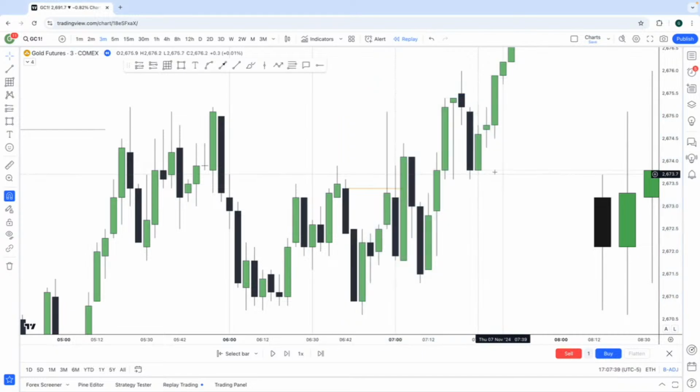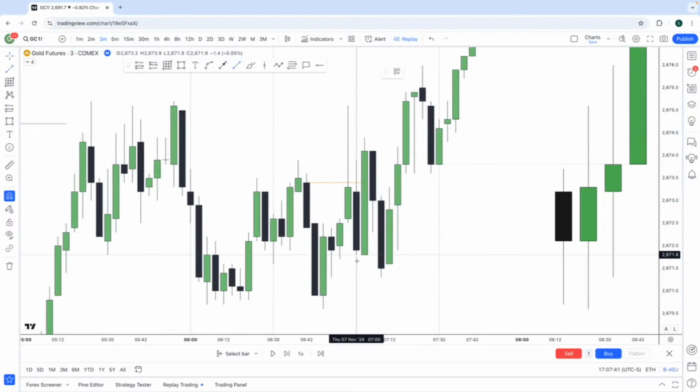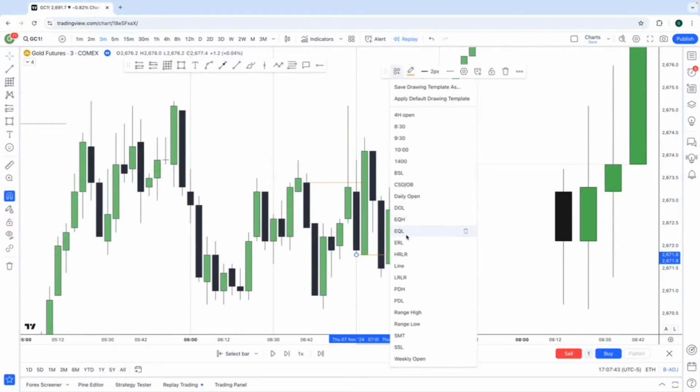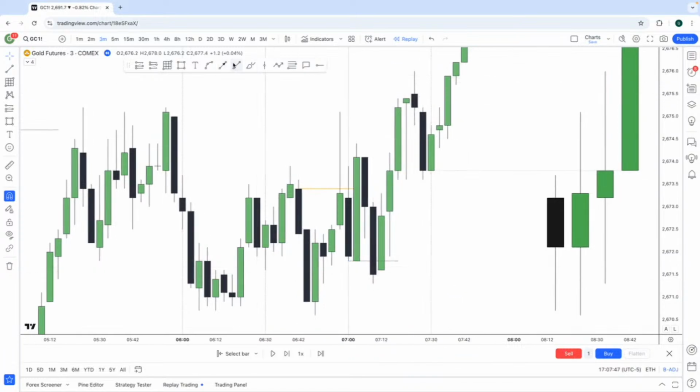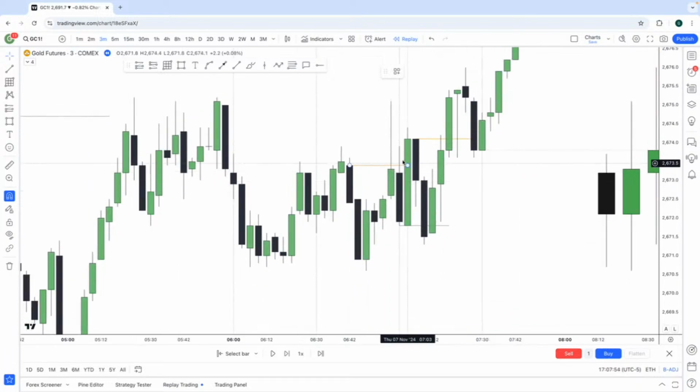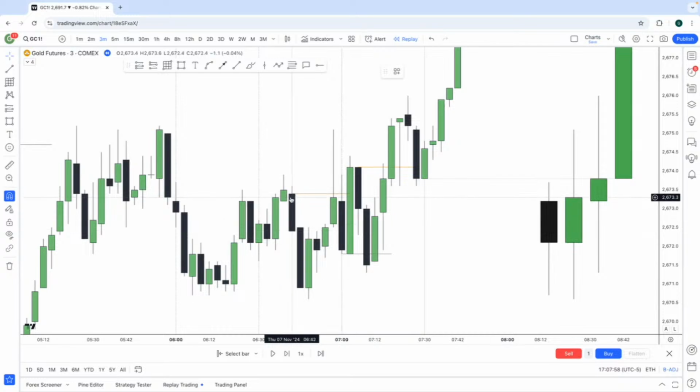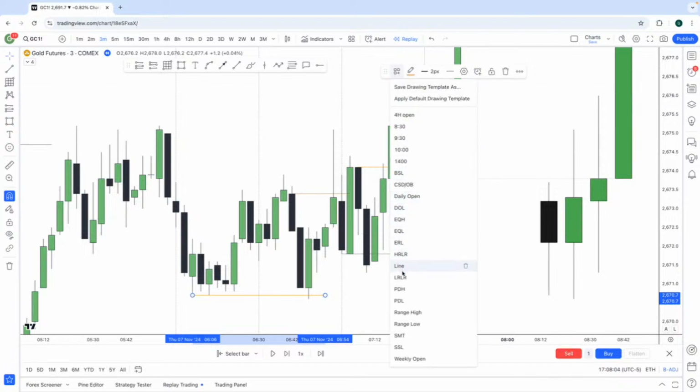But I would just personally wait until you purge this low, and then we create a CSD. I'll take this. So either you take this, you have to put your stop loss down here, right? Because this is the protected low. This is the manipulation.